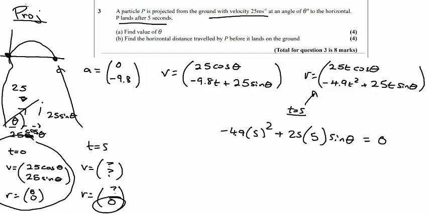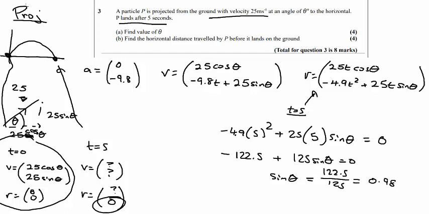This gives me minus 122.5 plus 125 sine theta equals 0. So you're going to get sine theta equals 122.5 over 125, which is actually equal to 0.98. Inverse sine it. Let's see what we get.